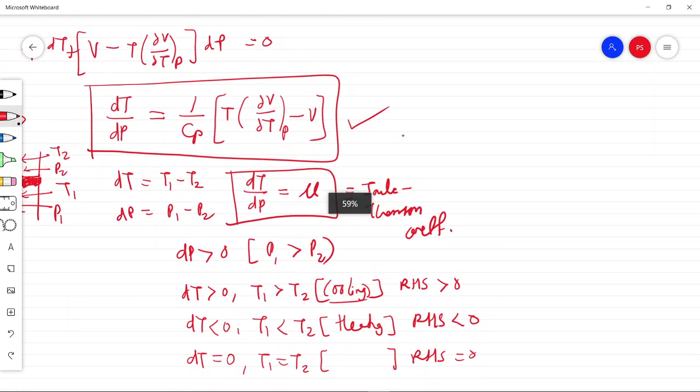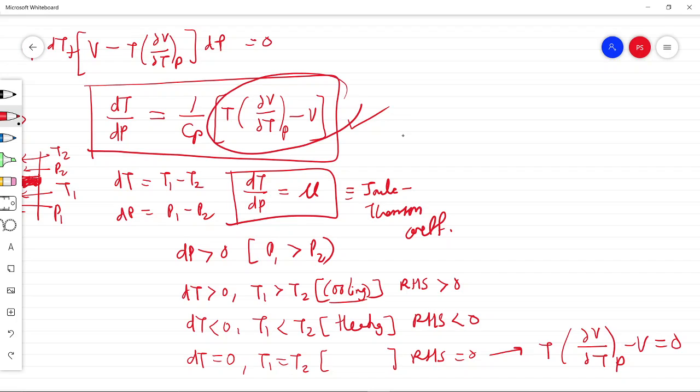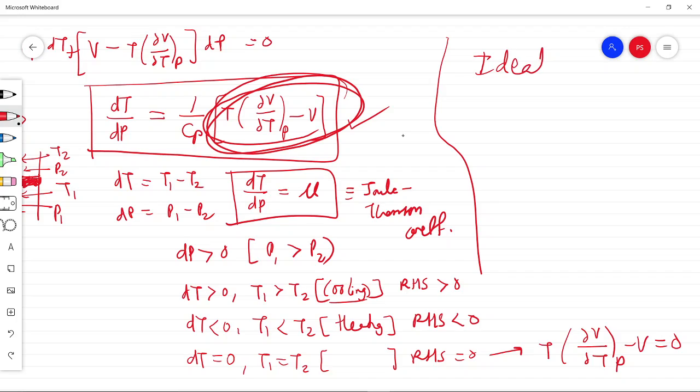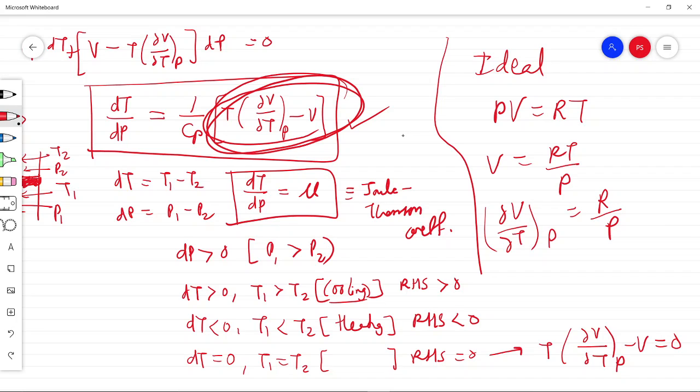That is, for the inversion temperature, T ∂V/∂T at constant P minus V has to be equal to 0. Now, the only task is to determine the value of this quantity in square bracket for the given gas. We see that if the gas is ideal, that is PV is equal to RT, or V is equal to RT/P, we get ∂V/∂T at constant pressure to be just R/P.